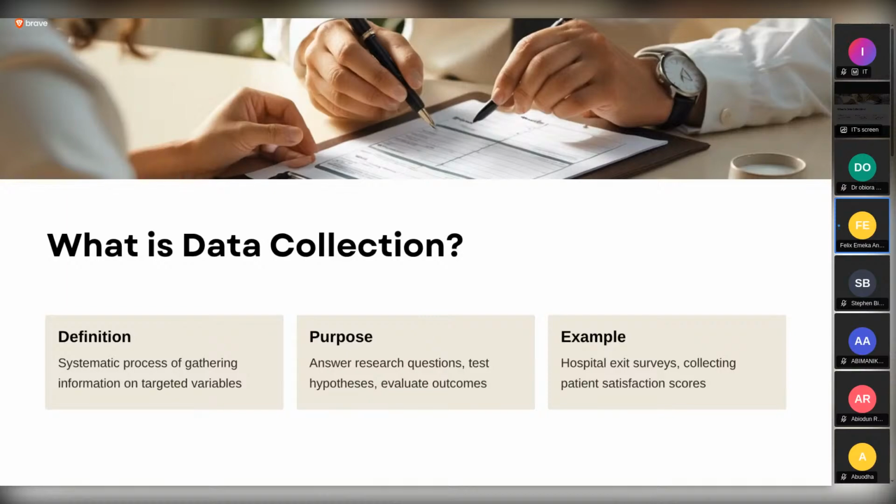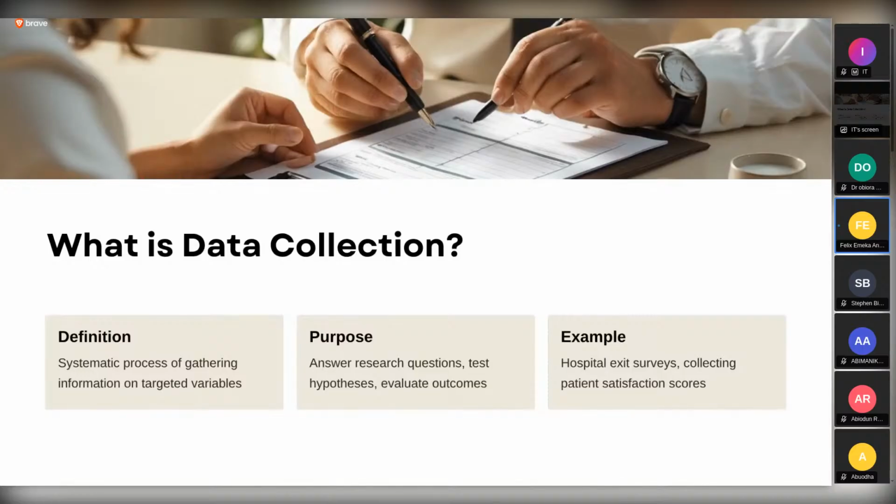And it will interest you to know that for you to even go into the process of collecting data, you first of all would have started your research process. In other words, you probably have a problem you want to solve, like we discussed in the last session.